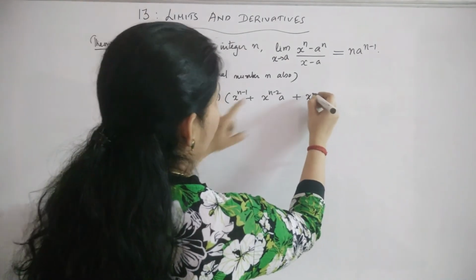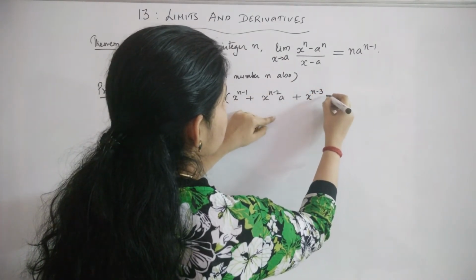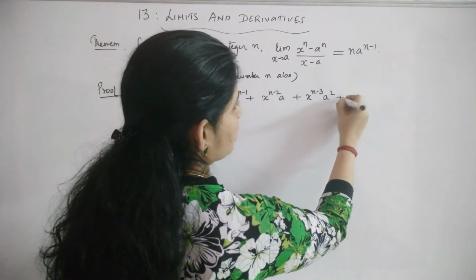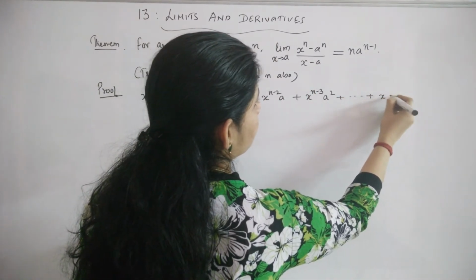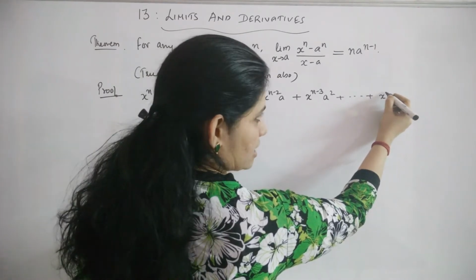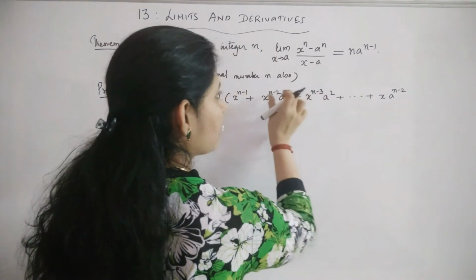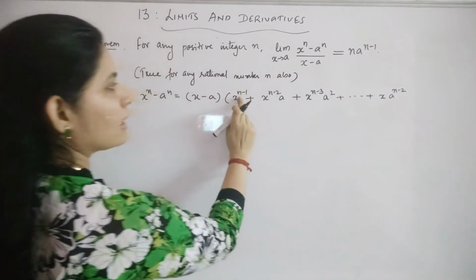Then next, the power of x will again decrease, it will become x raised to n minus 3 into a squared here. The power of a is increasing and the power of x is decreasing, plus etc., plus, when the power of x is 1, this will become a raised to n minus 2.